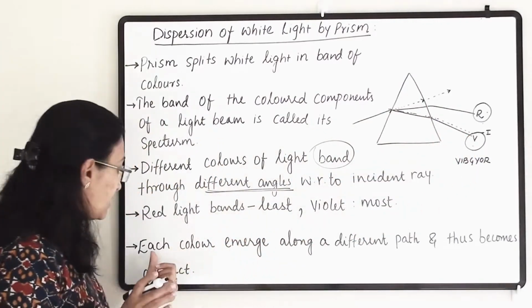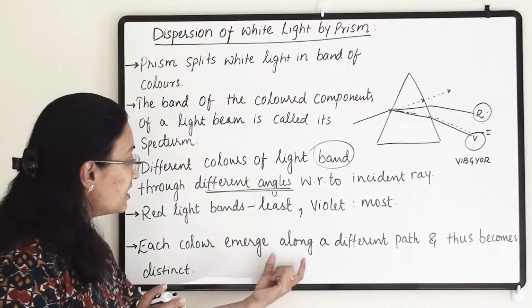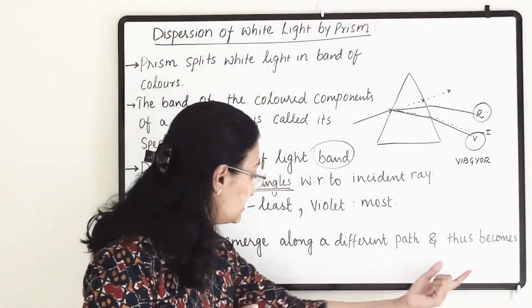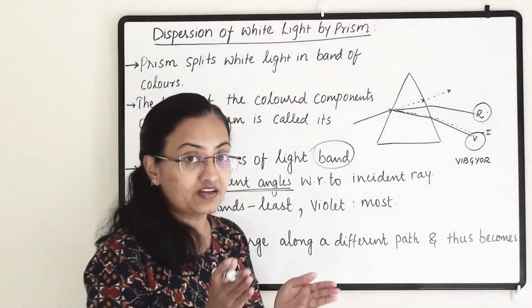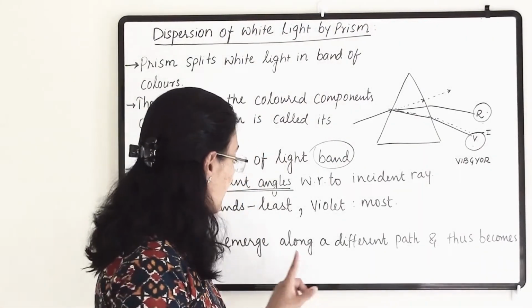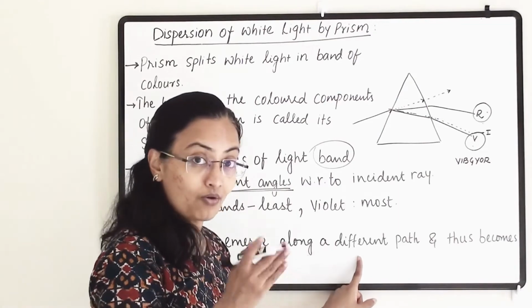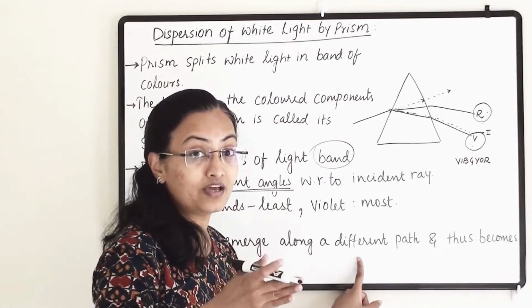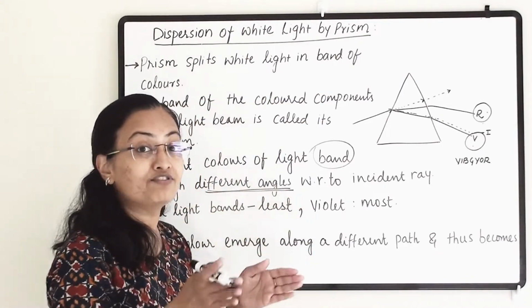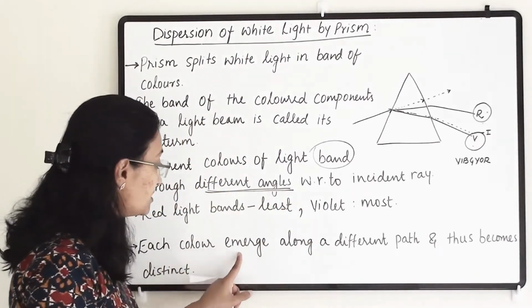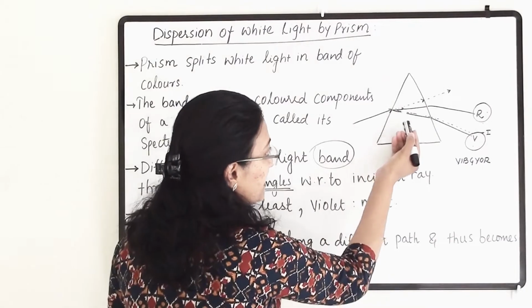Each color emerges along a different path and thus becomes distinct. Distinct means different from other colors. So they all 7 colors will have their own different path. Why? Because they bend at different angles. So they emerge from here, they will get refracted.